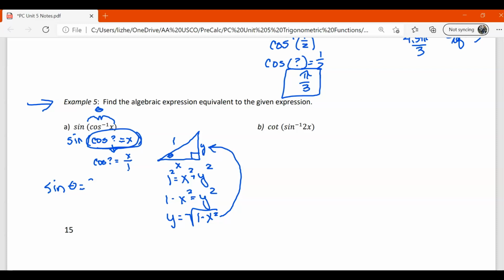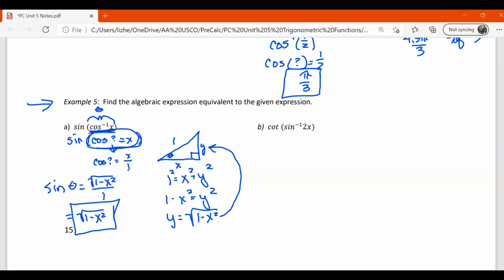So y, which we found to be the square root of 1 minus x squared, over 1, which is simply the square root of 1 minus x squared. And there's your answer. So you are going to draw a right triangle based on the information you're given from the inside, and then you are going to give the final answer based on that right triangle.